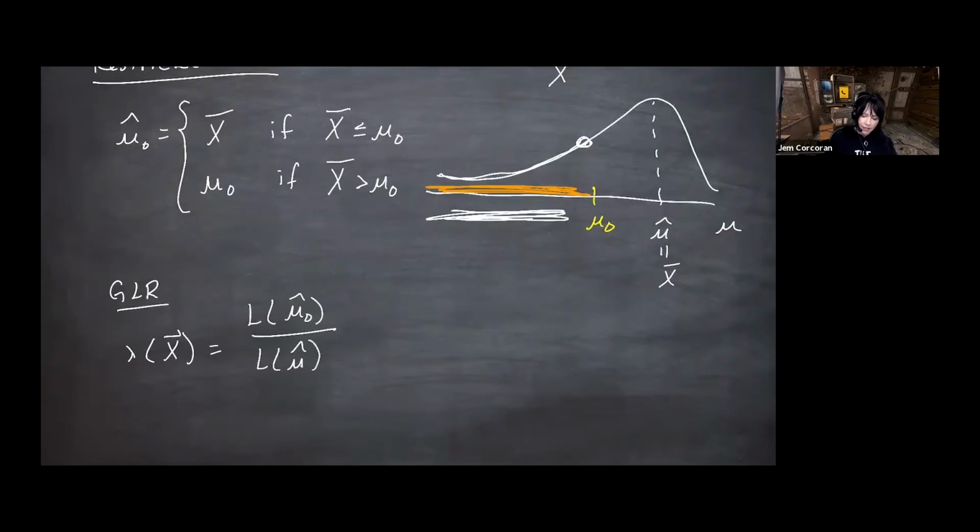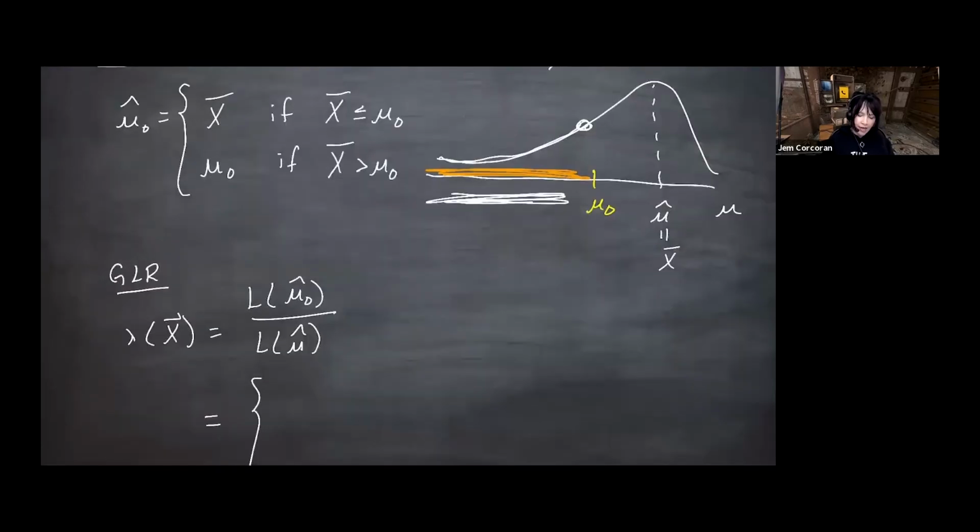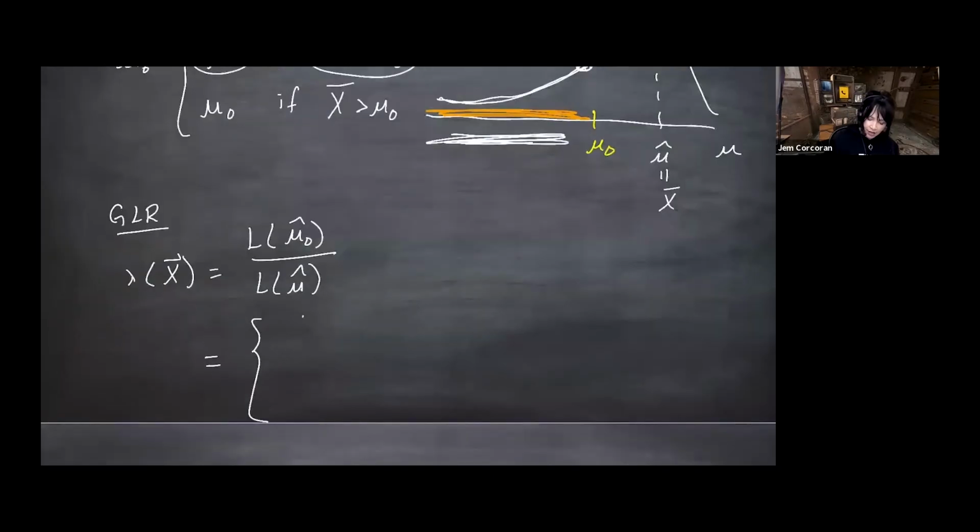And this is, in the case that X bar is less than mu zero, the restricted MLE is just X bar. So I get L of X bar over L of X bar if X bar is less than or equal to mu zero. In other words, I get 1.